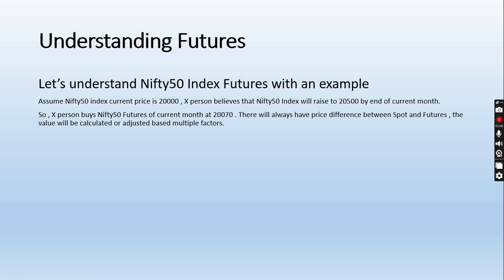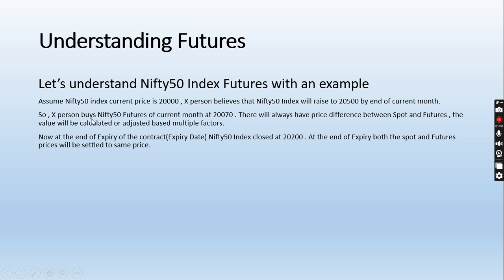For now, we will understand that spot and futures prices are not always the same. Multiple factors can affect this difference, such as the cost of carrying the futures contract, interest rates, or market conditions. These factors affect the premium or discount values.